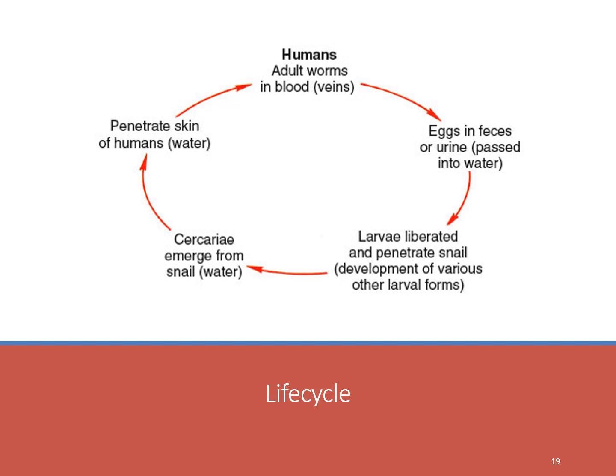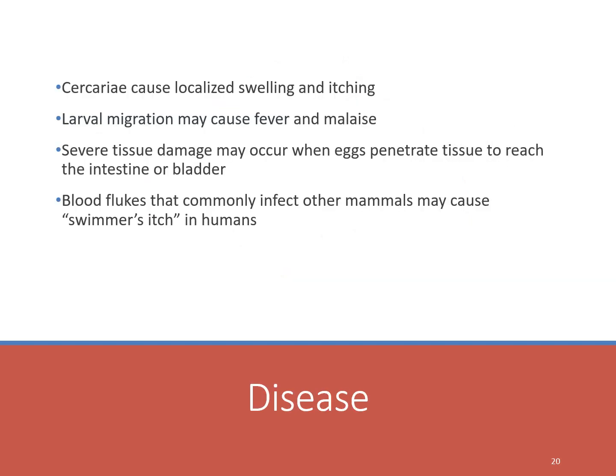And so the life cycle, once the eggs are in the feces or the urine, they're passed into the water, and then from there they penetrate the snail, and then they emerge from the snail, penetrate the skin of the human, and there they will move towards the blood or the veins.